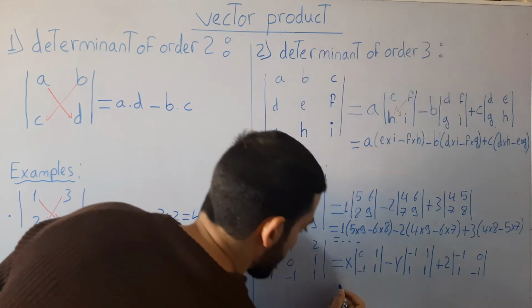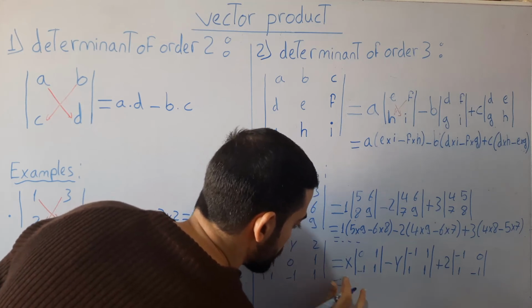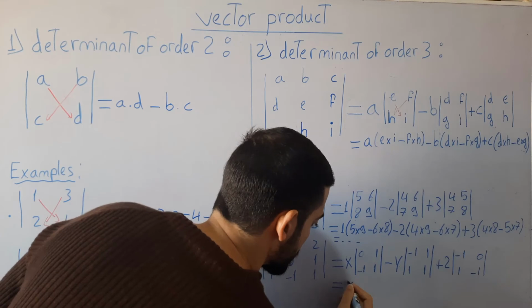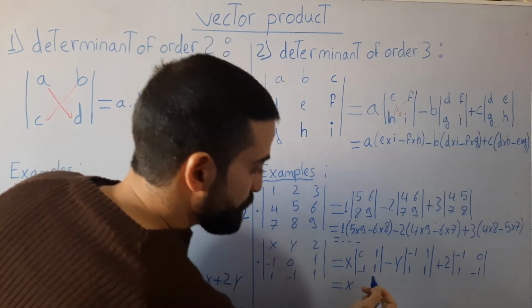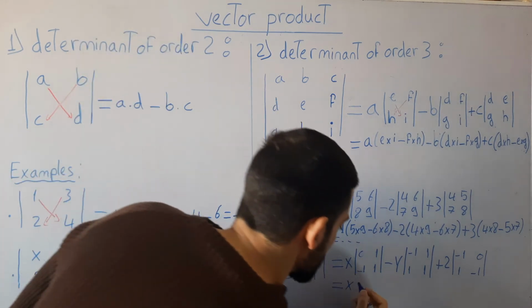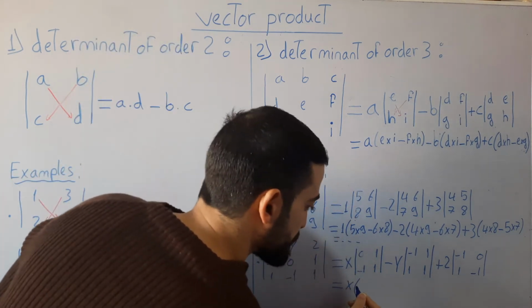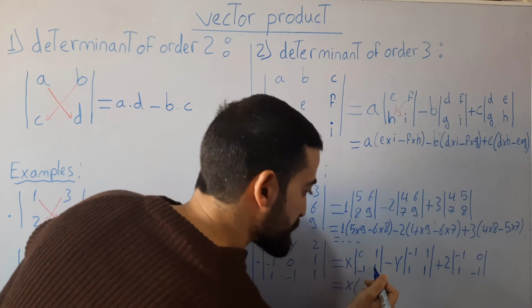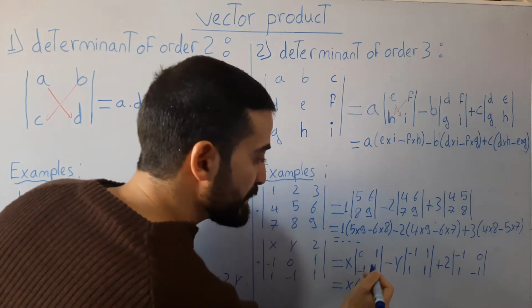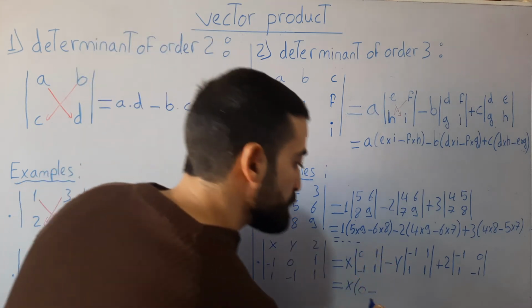So, equal x times 0 times 1, 0, minus 1 times minus 1, 1 times minus 1, minus 1.